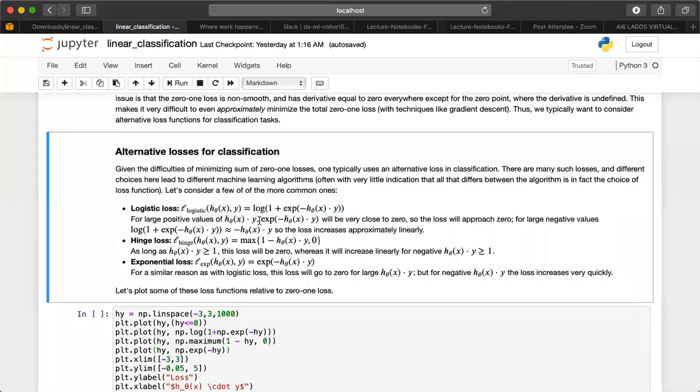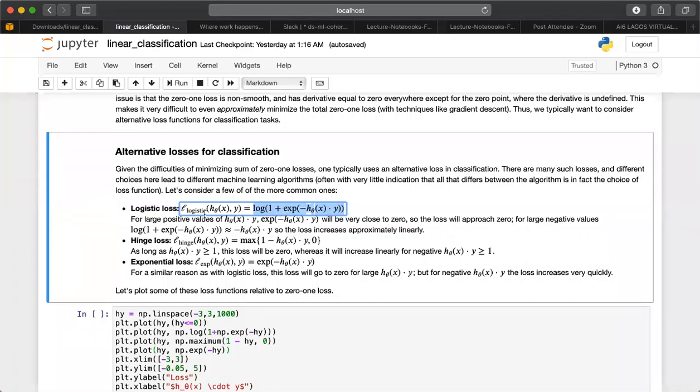When we have large positive values of h times y and we find the exponent, this whole thing will tend to 0, because the log of 1 is 0. So the log of 1 plus something close to 0 will tend towards 0.